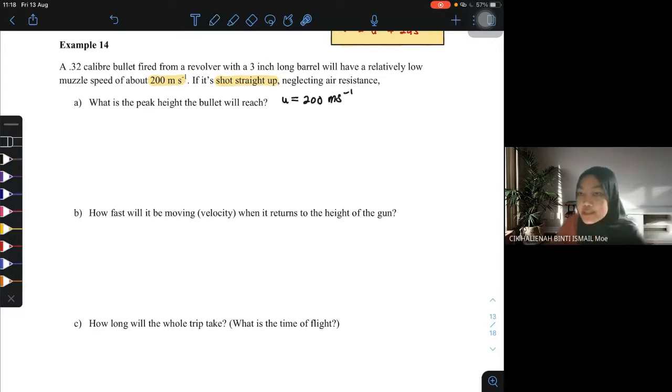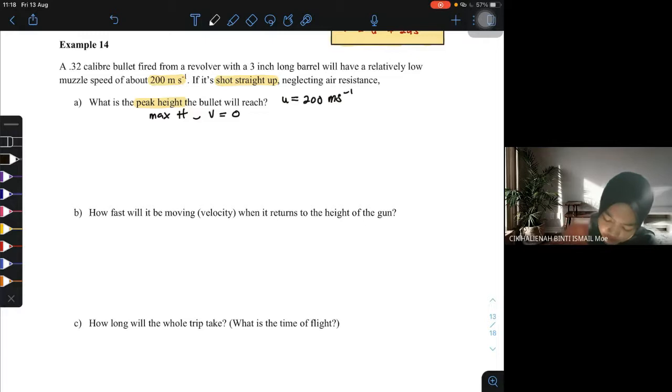First question, what is the peak height the bullet will reach? Peak height is the same as before, the maximum height. So at maximum height, velocity is equal to 0.